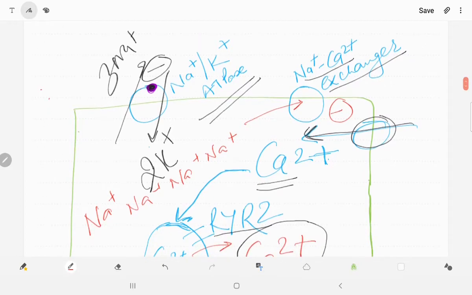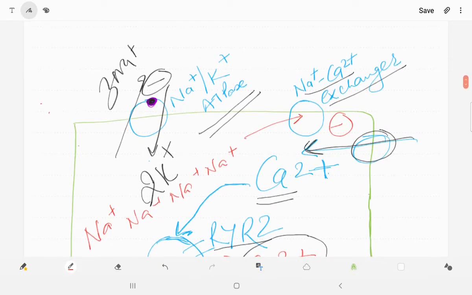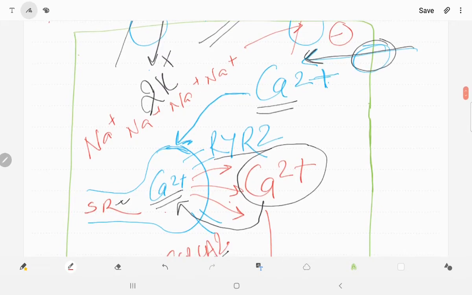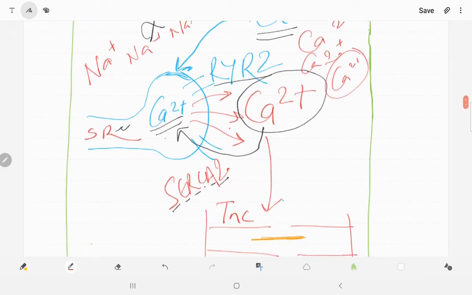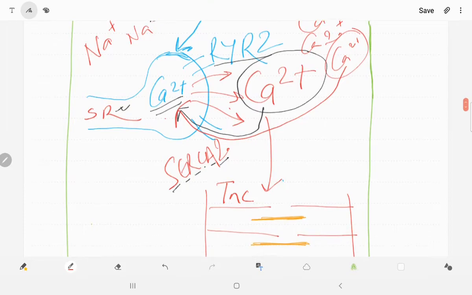So once this is inhibited, the actual function of this exchanger, that is to transport calcium outside, is inhibited, due to which there is calcium accumulation inside the cell, which is then pumped into the sarcoplasmic reticulum via SERCA2, that is sarcoplasmic endoplasmic reticulum calcium ATPase type 2.